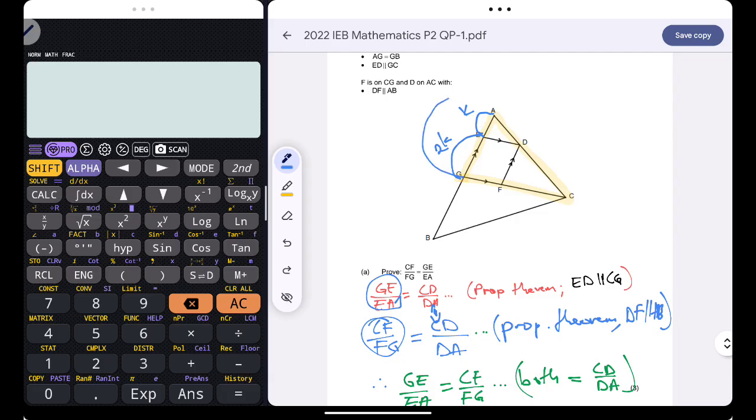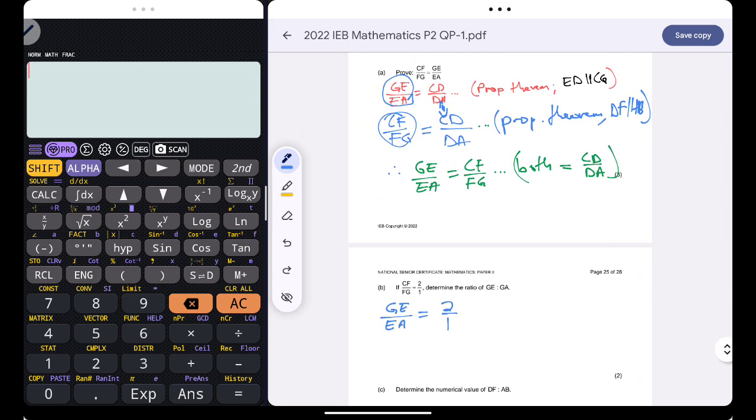That means the entire length of AG is equal to 3k. So for me to find the ratio of GE to GA, this is the same as saying 2k all over 3k, and then I'll simply get 2 over 3, which can be written like this.